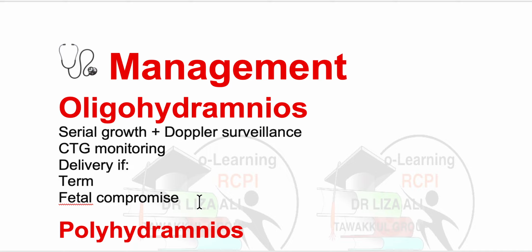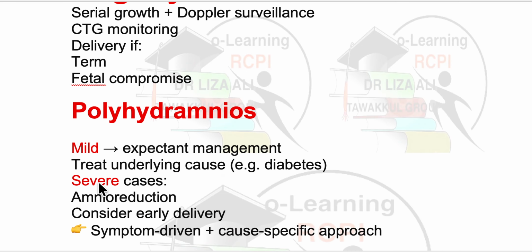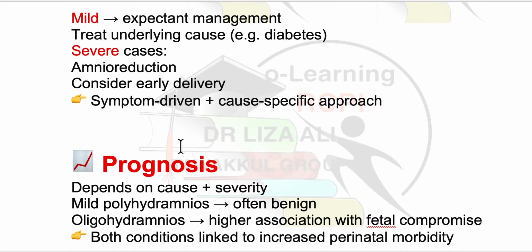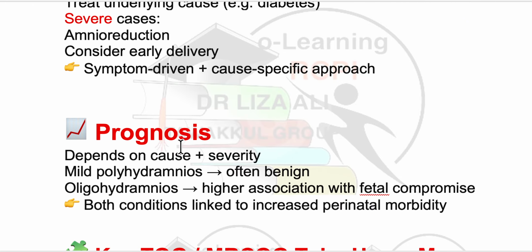If it is mild polyhydramnios, we do expectant management and treat the underlying cause like diabetes. In severe polyhydramnios, we will do amnioreduction and early delivery. What will be the prognosis? Prognosis depends on the cause plus severity.